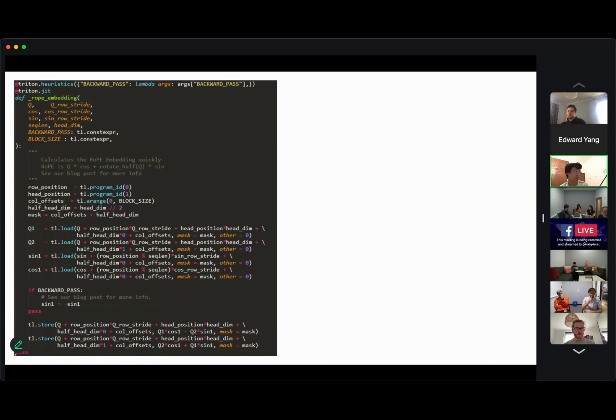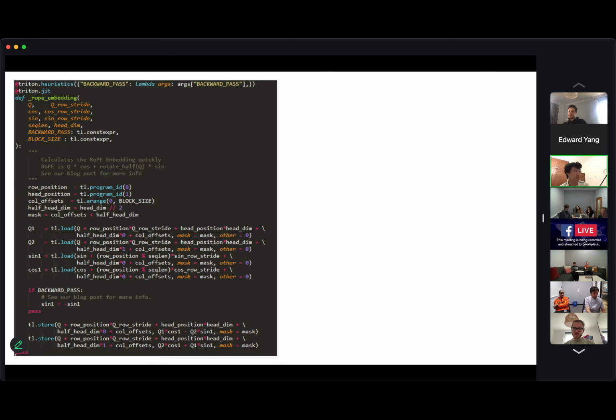I would say this is probably the most efficient rope kernel, from my own benchmarking. I couldn't find another example of a rope kernel which doesn't use that many complicated parts. And the hardest part was the derivative for the rope kernel. How to derive the backprop step for it was very annoying as well.